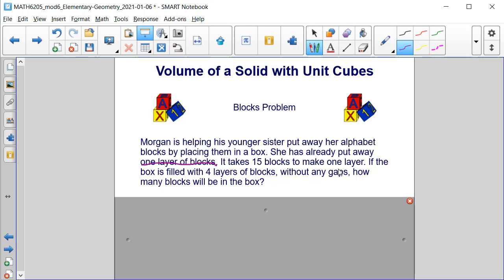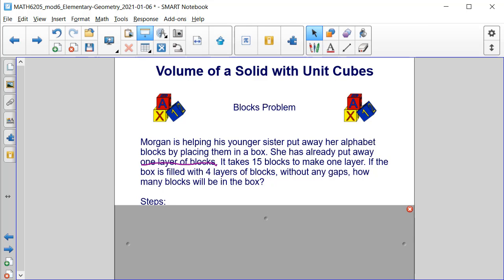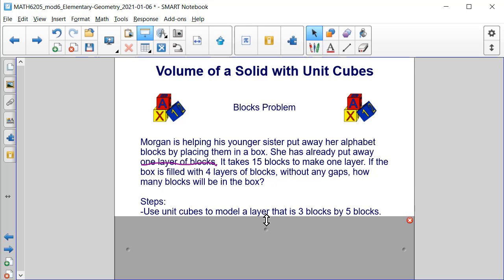Okay, think about how 15 blocks can be laid out. 15 only contains 2 other factors besides 1 and itself, and that's 3 and 5. So it could be composed of a rectangle that is 3 blocks by 5 blocks. So let's start there. Use the unit cubes to model a layer that is 3 blocks by 5 blocks.